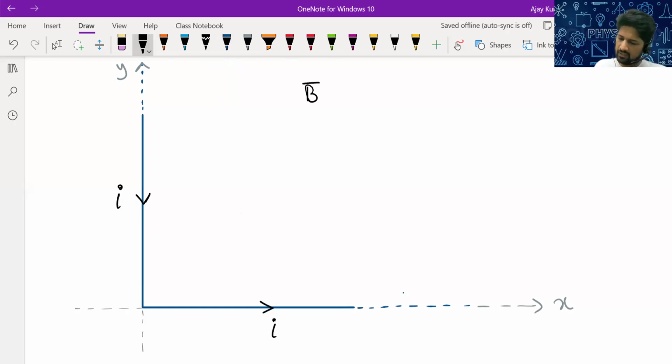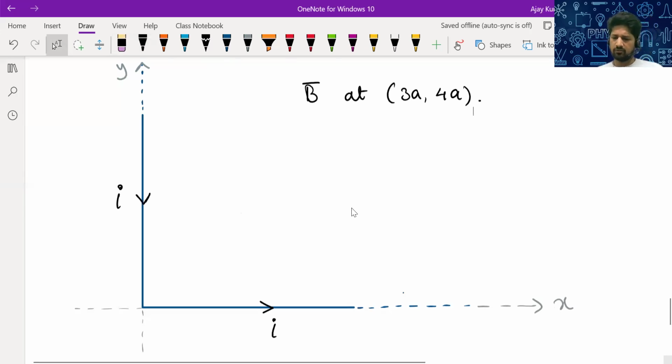Calculate the magnetic field at this point 3 comma 4, or let's make it 3a comma 4a. Try this, both of you. I'll give you 1 minute. If you have an answer, just unmute and tell.